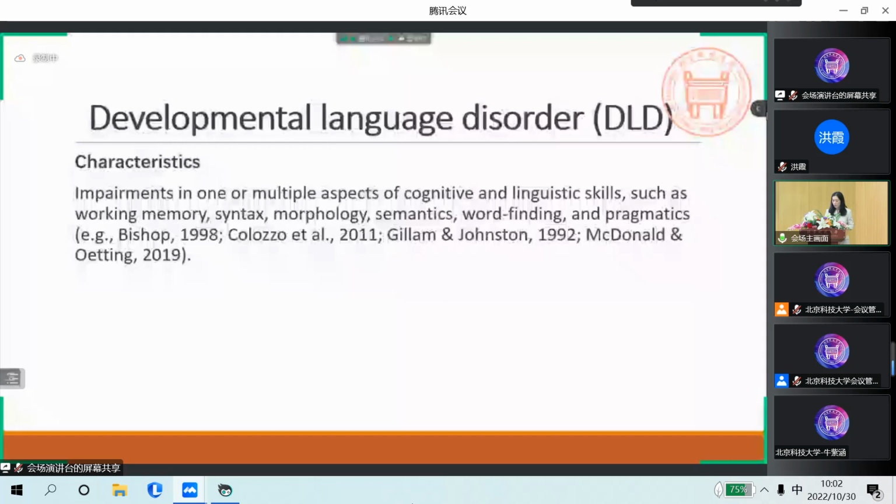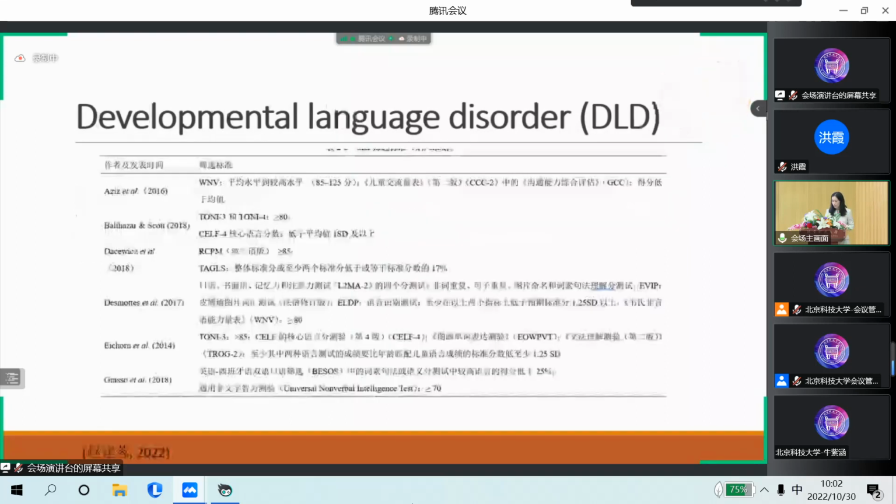So it is urgent for us to provide some intervention for these children. And how to describe DLD?